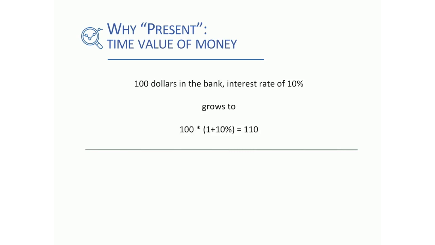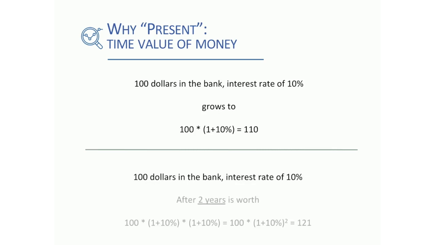Now, the other thing that is worth recognizing is, again, let's take the $100 in the bank at an interest rate of 10%. That grows to $110 after 1 year. What happens after 2 years, or 3 years, or 4 years? Well, of course, that amount is going to keep growing, and it will keep growing at 10% each year. So suppose you start with $100 in the bank, your interest rate is 10%.